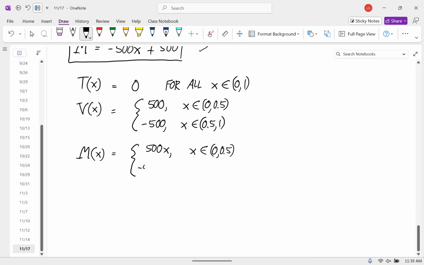And it was equal to negative 500x plus 500 for x values between 0.5 and 1. And you can plot these piecewise functions out to get a sense for what these look like.